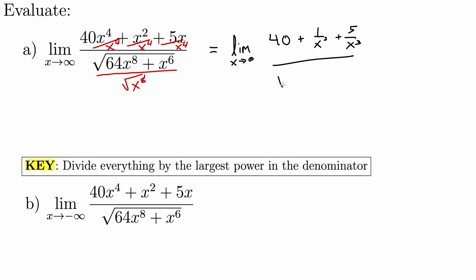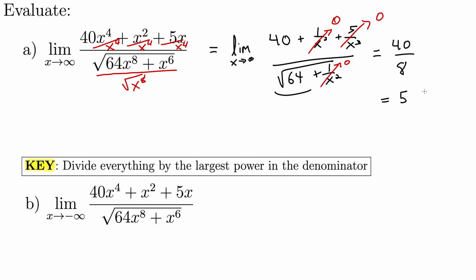And then down below we have the square root of 64, x to the eighth and x to the eighth cancel out, and then x to the sixth divided by x to the eighth gives us plus 1 over x squared. Now when we go to evaluate this limit, anything with just x hanging out in the denominator will go to 0. So 1 over x squared goes to 0, 5 over x cubed goes to 0, and 1 over x squared goes to 0. That is evaluating the limit, so we don't need to write the limit anymore, and we just have 40 over, well, square root of 64, which is 8, which is 5.